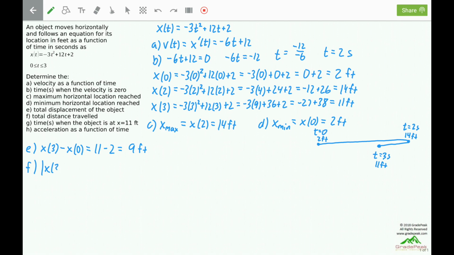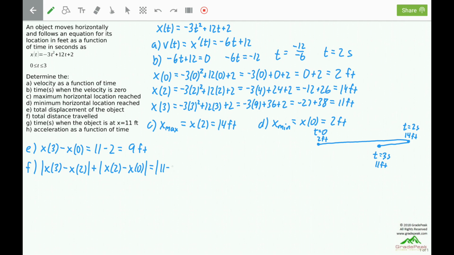That is found by taking the position at the final time minus the position at the time that it turned around, which was the 2 seconds, plus the position at the time when it turned around minus the position at the initial time, and take the absolute value so that we have a positive number out of each of these. Now we have these numbers. X of 3 is an 11.